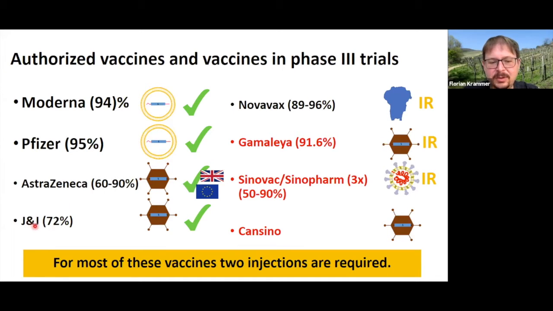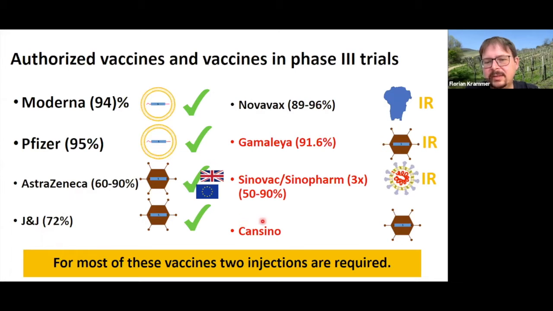We have J&J, which is the only vaccine here that is only given once, has a 72% efficacy, and again, we are just talking about mild disease here, basically. It's also a viral vector and is used in the US. The next one to come is probably Novavax, which is a recombinant protein vaccine with a very high efficacy.